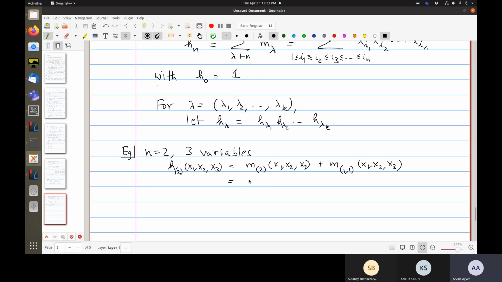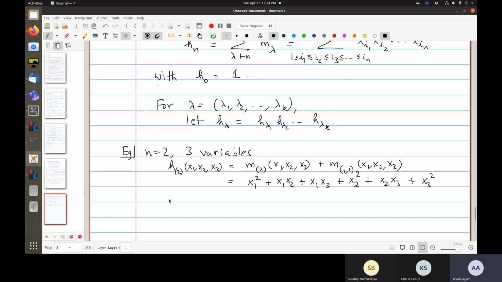If I go from this definition, you get x1 squared plus x1 x2 plus x1 x3. So I fix i1 to be 1, and then I range over all i2 greater than or equal to i1. Then x2 squared plus x2 x3. This is when i1 is 2, and then i1 is 3, so then i2 is supposed to be 3. Now you can see that these terms correspond to m2 and these terms correspond to m11.